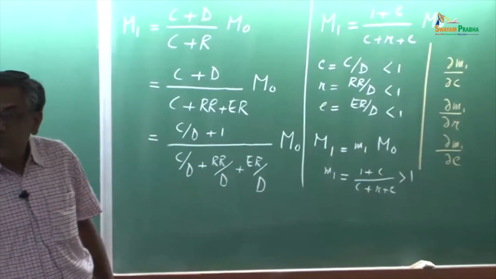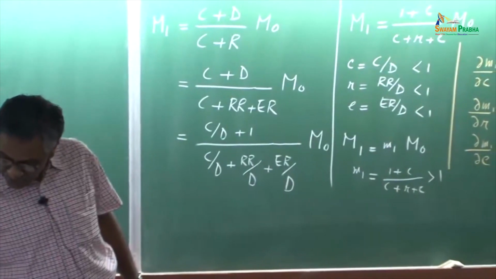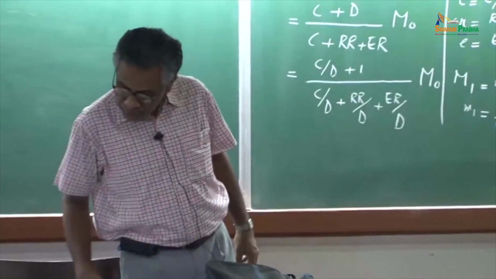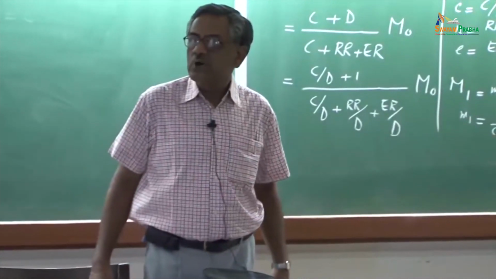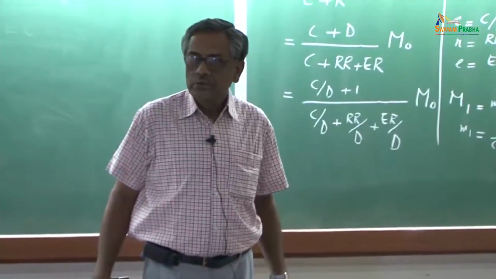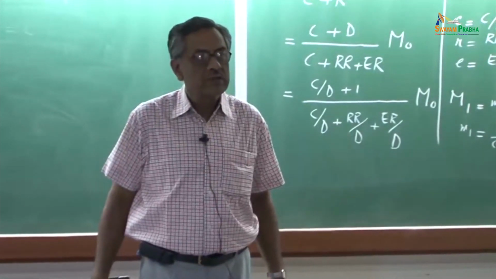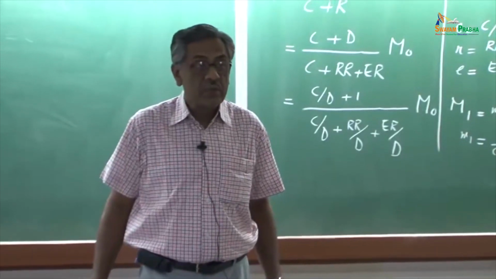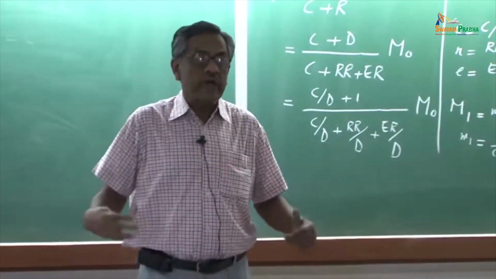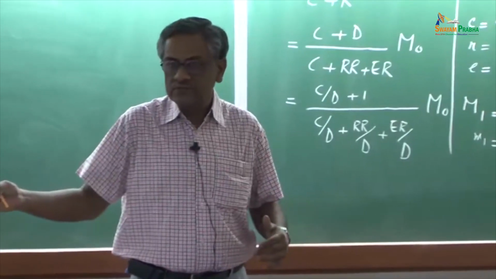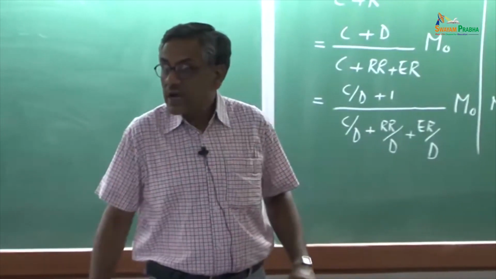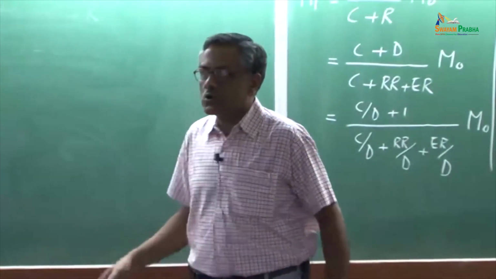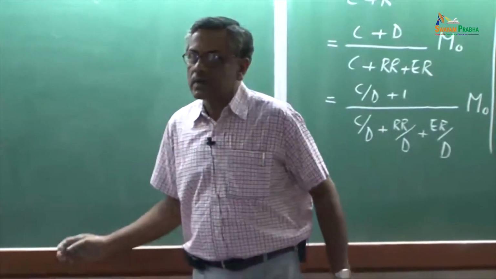You have numerator, denominator, both places C. If the currency to demand deposit ratio, small c, changes, say increases, people decide to keep more cash and keep less money with banks. How would the multiplier get affected? This is an important question. This we should answer before we go into the complex multiplier.